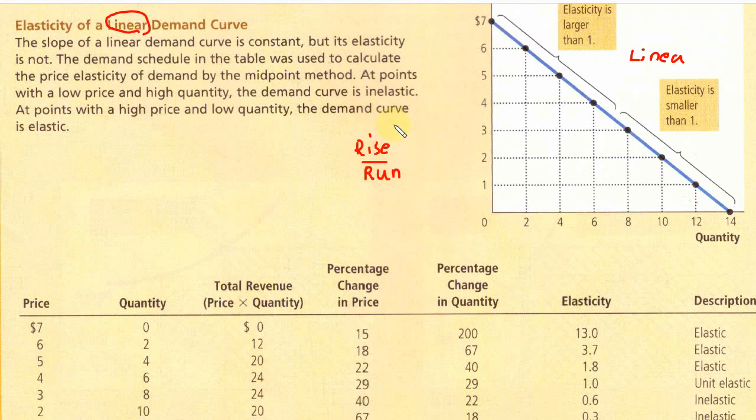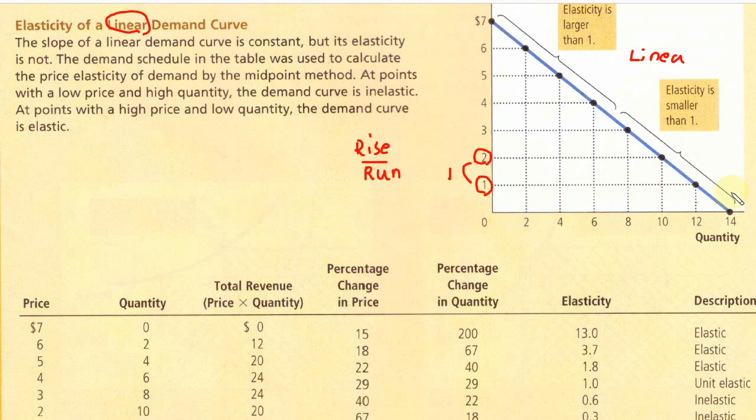Divided by run, right? This is run, this is rise. Look at this. From here to here, we have a rise of 1, right?